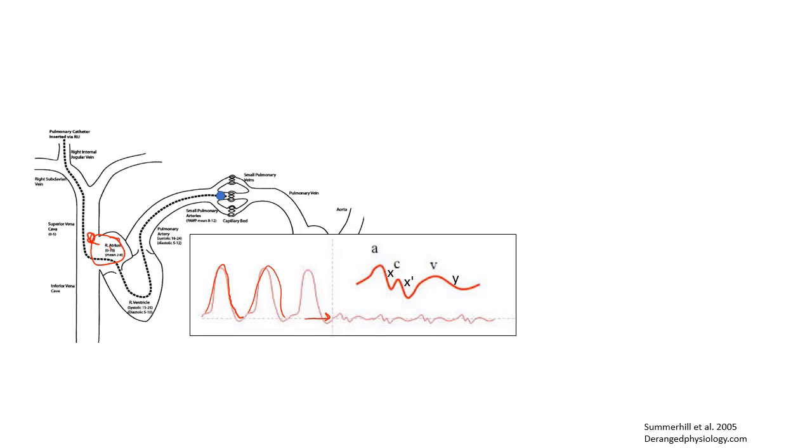If we wedge, then we block off everything here, so we don't see any of these pressure tracings, and all we see is the pressure from the pulmonary vein in the left atrium. So it should look the same as the CVP, but the pressures are originating from the left atrium rather than the right. Now, in reality, you don't really see the C wave on the pulmonary wedge pressure tracing. So you're really just going to see an A wave, an X descent, a V wave, and the Y descent.